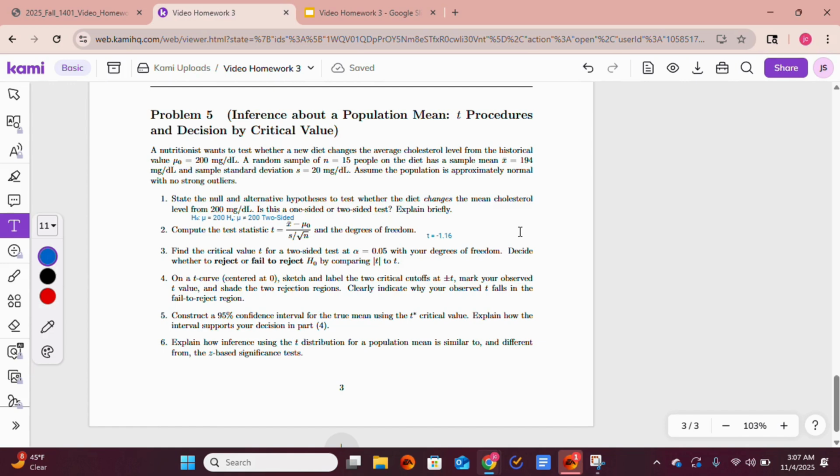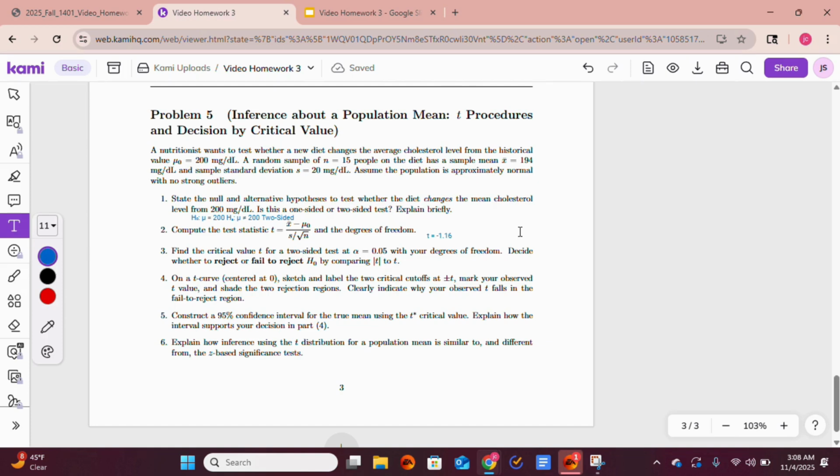For a significance level of 0.05 and degrees of freedom of 14, our critical value is plus or minus 2.145. Since the absolute value of our t, 1.16, is less than 2.145, we fail to reject the null hypothesis. There isn't enough evidence to say the diet changes cholesterol levels.